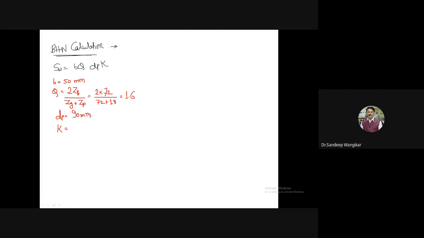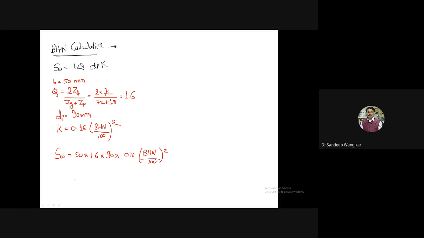K value, K is equal to 0.16 into BHN divided by 100, bracket square. So I will write SW is equal to B, Q 1.6, dP 90 and K 0.16 into BHN divided by 100 bracket square.